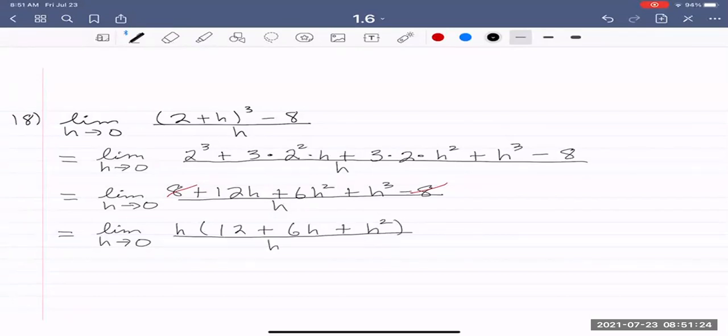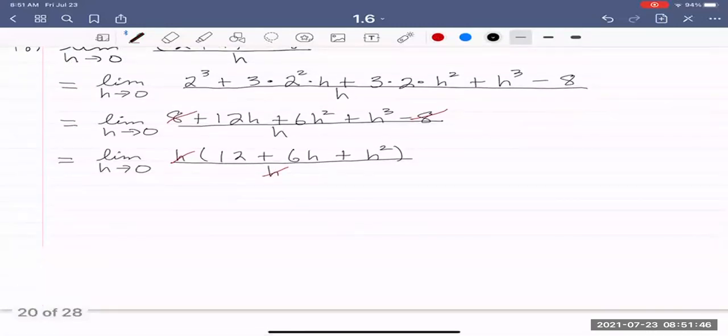Again, if I plug in h equaling 0, I get 0 times 12 divided by 0, which is still 0 over 0. Now, let me cancel the h's. So this is equal to the limit as h approaches 0.